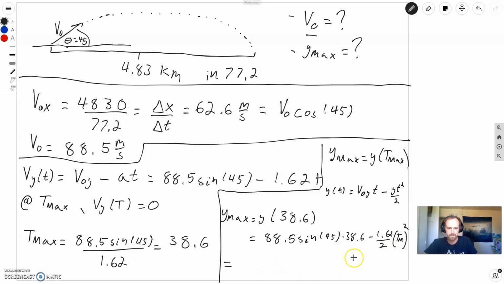And I will get 88.5 times the sine of 45 times 38.6 minus 1.62 divided by 2 times 38.6 squared, and I get 1,208 meters.